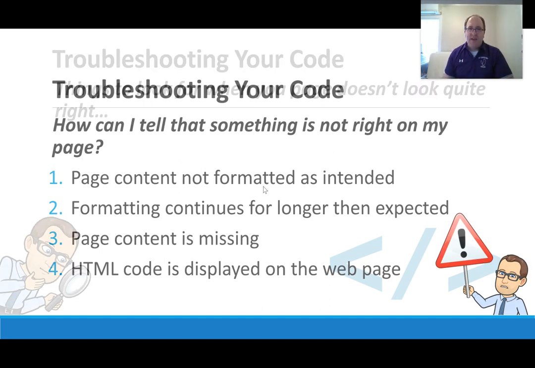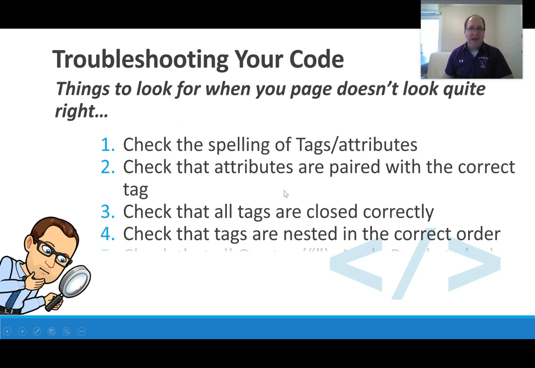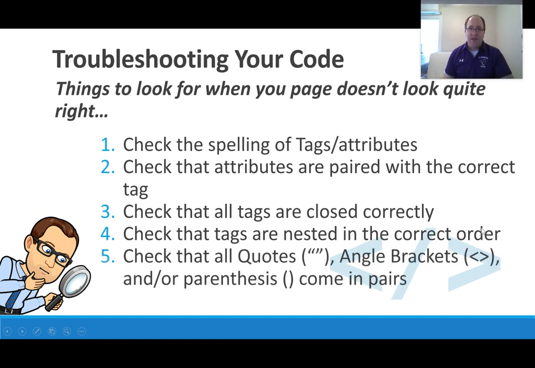And then how do I fix it? These are the top 5 things I pay attention to. It's spelling. Are the attributes paired correctly? Are the tags closed correctly? Are they nested in the right order? And all the things that should come in pairs, like quotes and parentheses and angle brackets, did in fact come in a pair. These 5 items are the biggest troubleshooting issues I get.